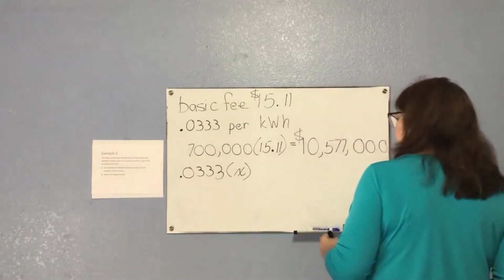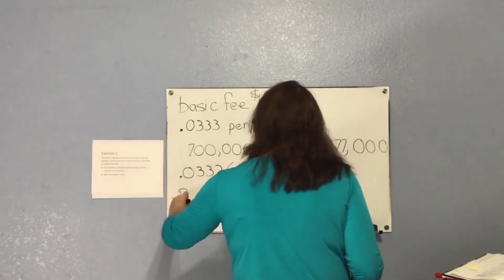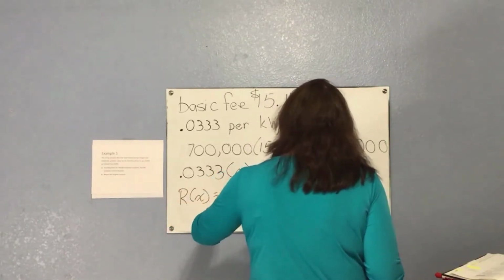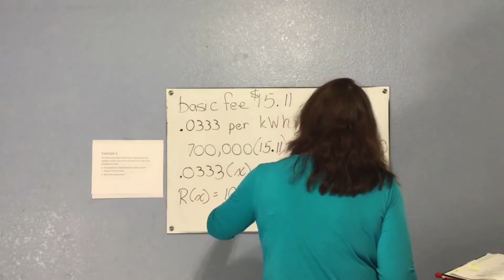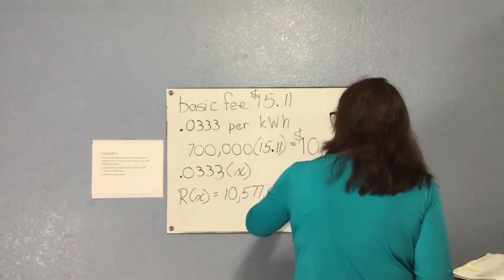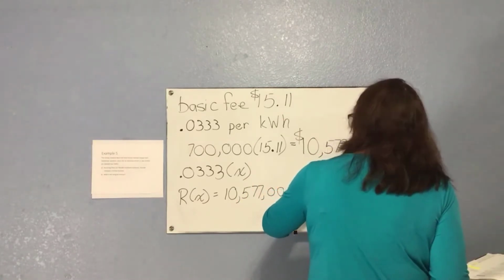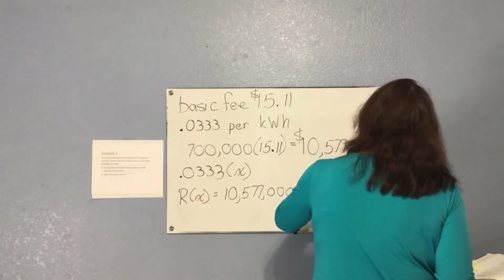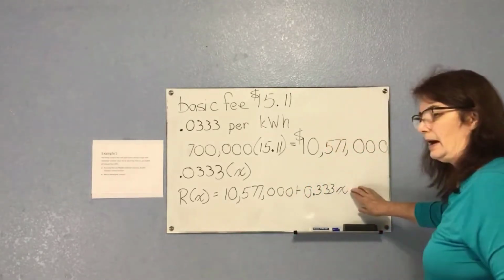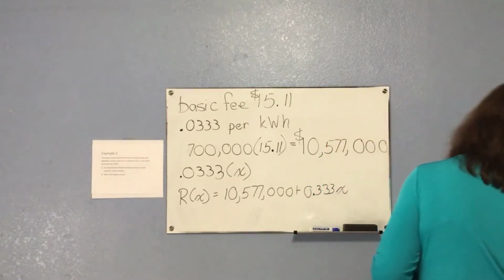So we could write an equation. The revenue is equal to 10,577,000 plus 0.0333x, where X is the number of kilowatt hours consumed.